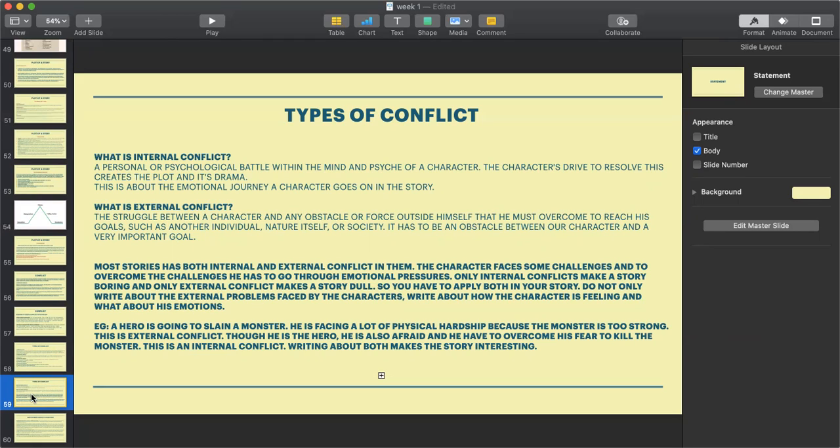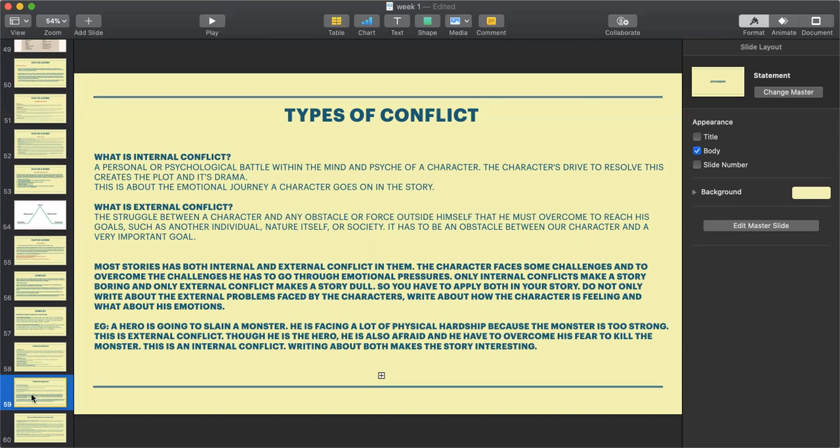So one is the internal struggle, the personal or psychological battle, and another is the external struggle, what he is facing in front of him. And the first one is what he is facing inside him. Most stories have both these internal and external conflicts in them.